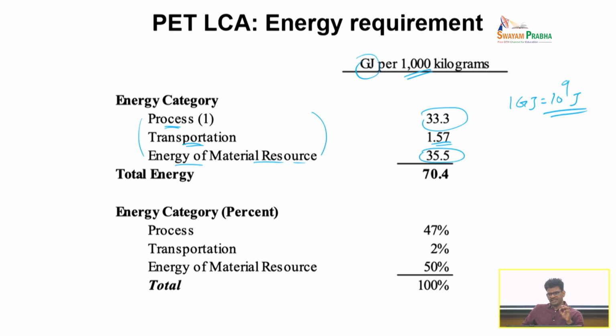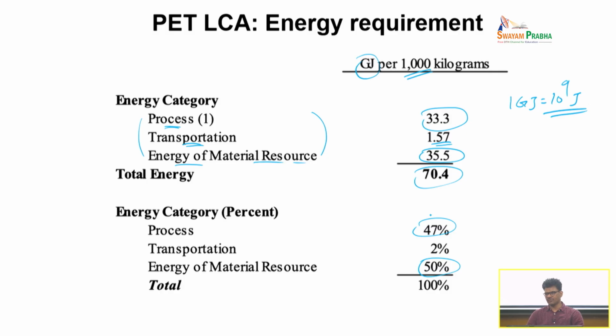To make PET resin you need raw materials, natural gas and crude oil, but they themselves have to be mined. They are not available on the surface of the earth, so they have to be extracted. So there is energy involved in the procurement of those raw materials itself. That's what energy of material resources means.